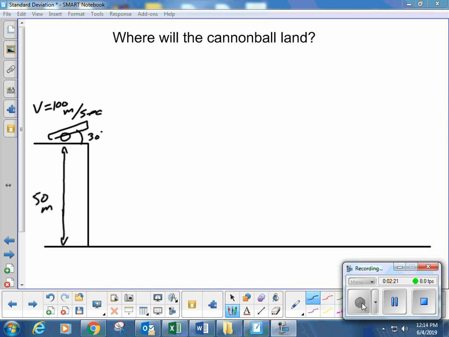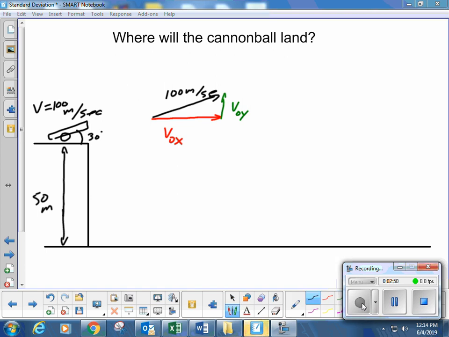This is phase one. So I start with the launch of this cannon at 100 meters per second, and I want to draw a triangle so that the horizontal axis here is going to represent the original velocity of the cannonball in the x direction, and then the vertical part of this is going to be the original velocity in the y direction.